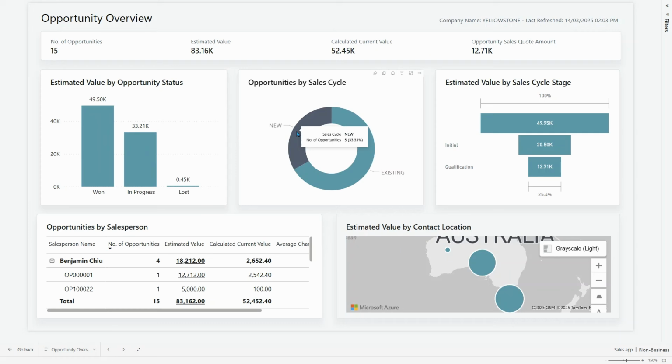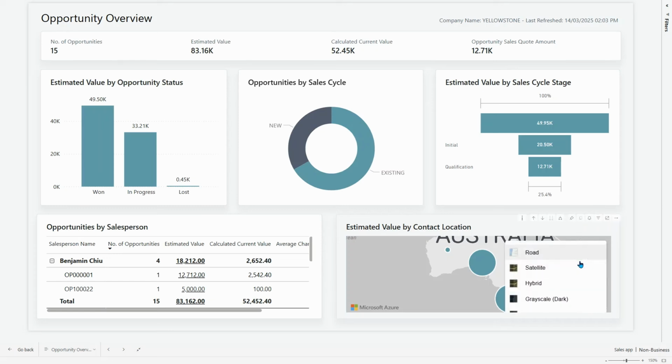You can also see the sales cycle, whether opportunities are new or existing, the funnel of different stages. In this case, we don't have a name for the first description here, but we do have initial and qualification, so you can see the different opportunities by that. And you can even see from where in the world your opportunities are.